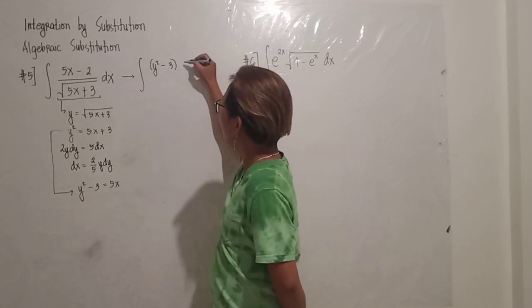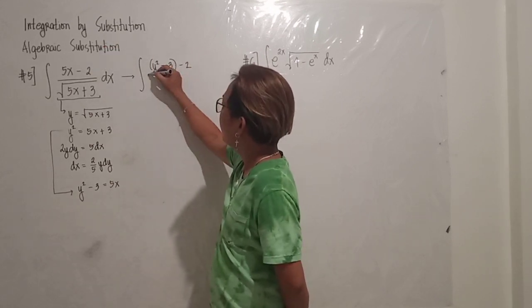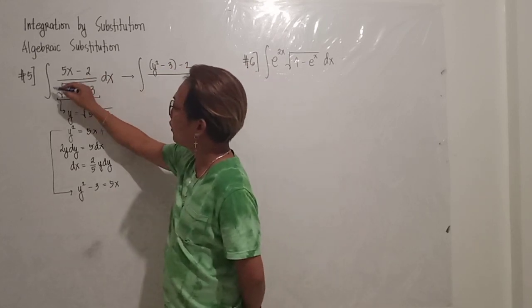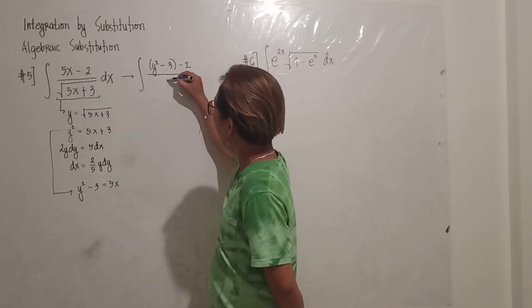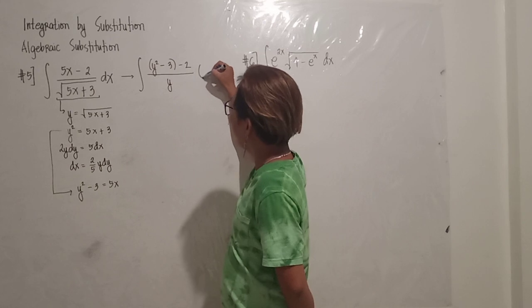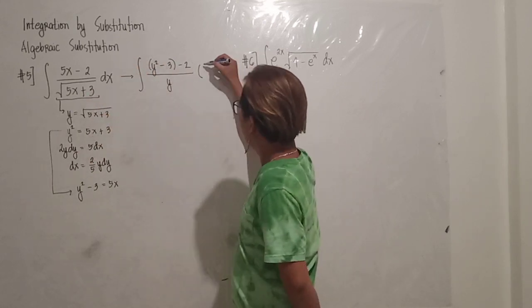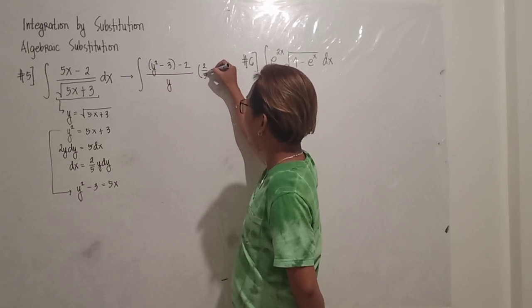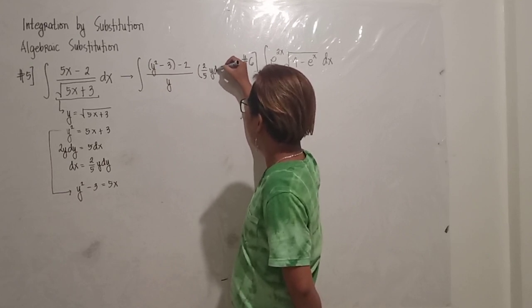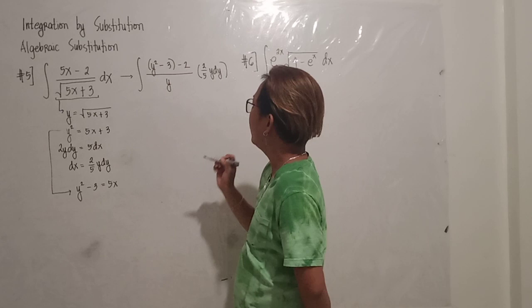Then minus 2 all over this square root is your y. Then the equivalent of your dx is simply 2 over 5 y dy.